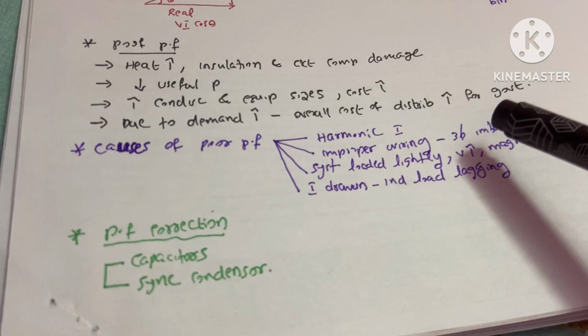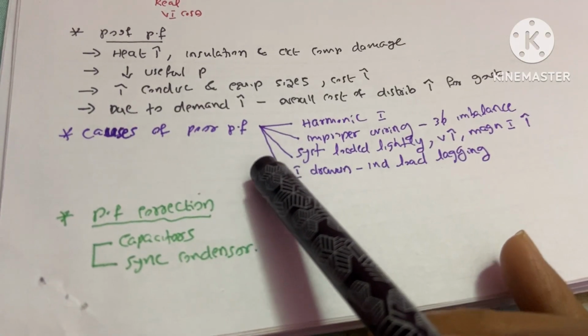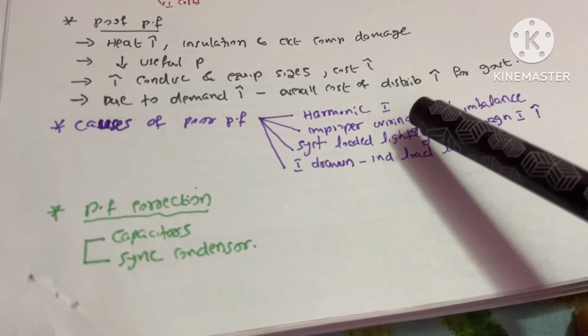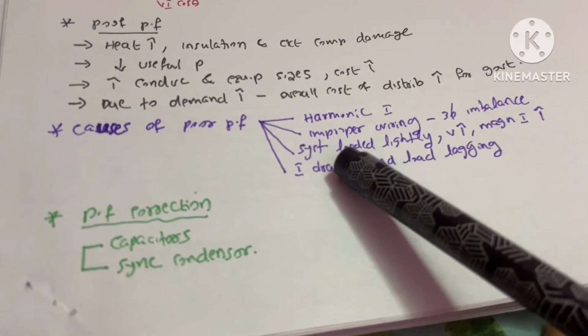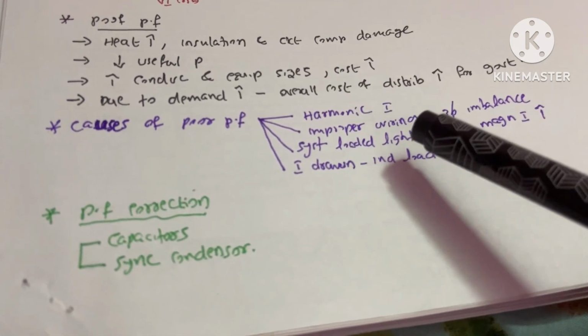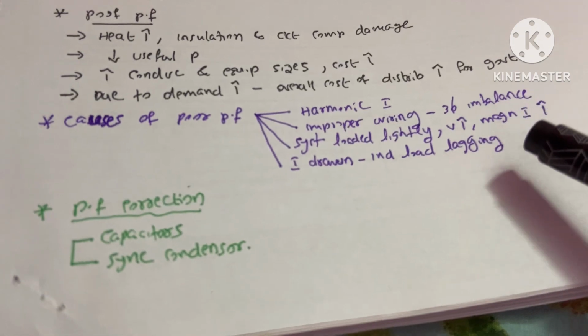And there are some causes of poor power factor. The first one is harmonic current present in the system and improper wiring in the system. The improper wiring will cause three-phase unbalance in the system.